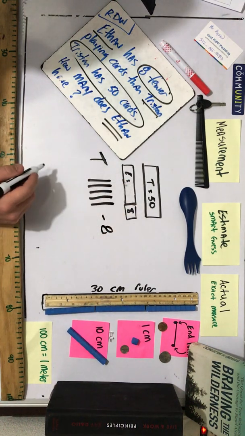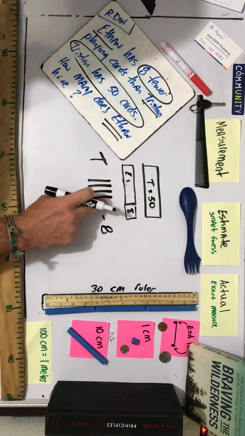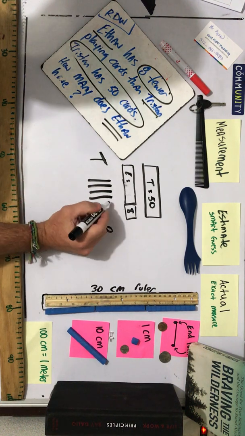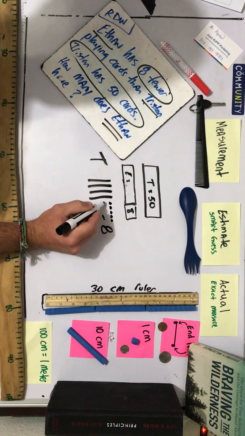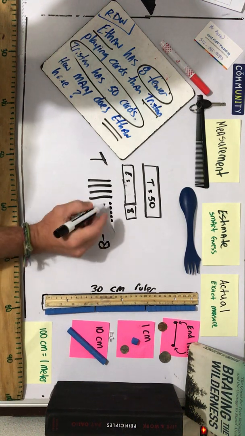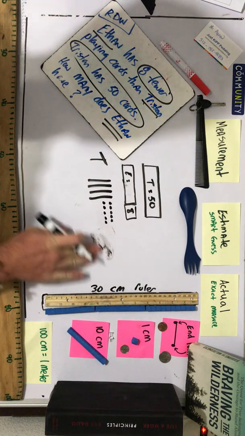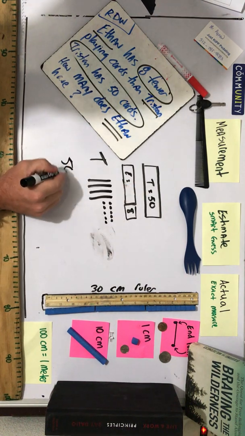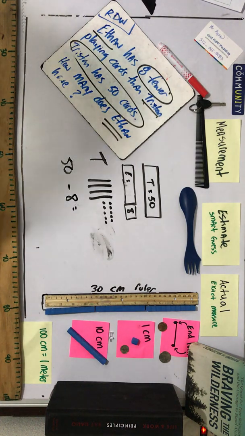So Tristan minus 8. Now instead of drawing these as a 10, let's draw them 10 individual. 1, 2, 3, 4, 5. Let's scoot this over for you guys. Minus 8. 6, 7, 8, 9, 10. 50 minus 8 equals. And that would be what Ethan equals.